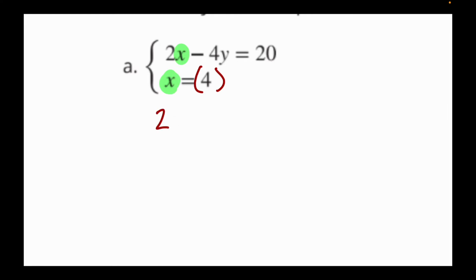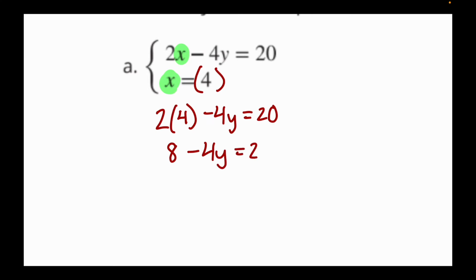So 2 times 4 in parentheses minus 4y equals 20. So let's multiply this out. This is going to be 8 minus 4y equals 20. And then let's subtract 8 from both sides, because I want to get the y by itself.